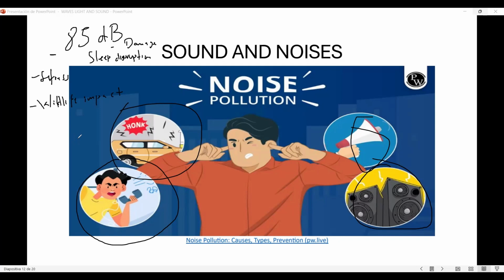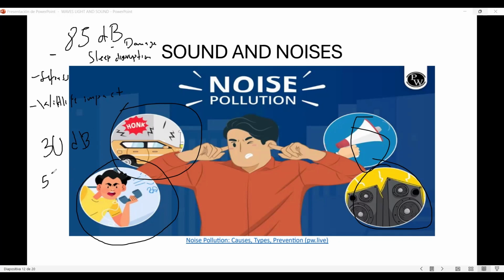So how can we consider that something is noise pollution? Key decibel levels for noise pollution can be, for example, in a quiet environment, 30 decibels, like a library or soft whisper, generally harmless, right?